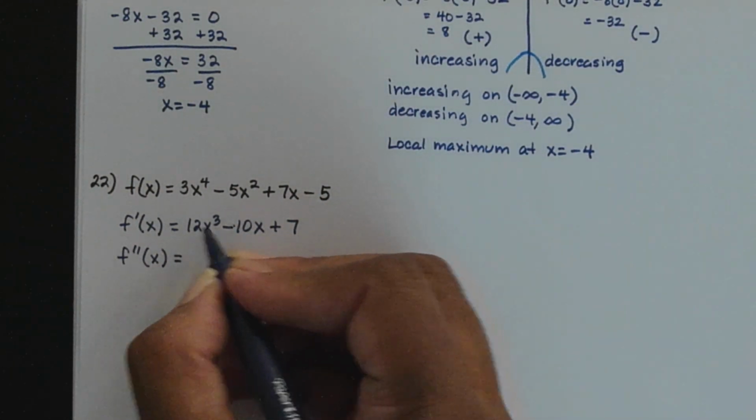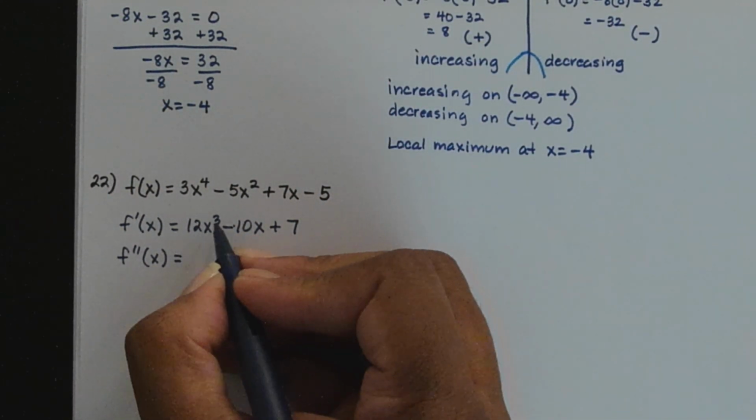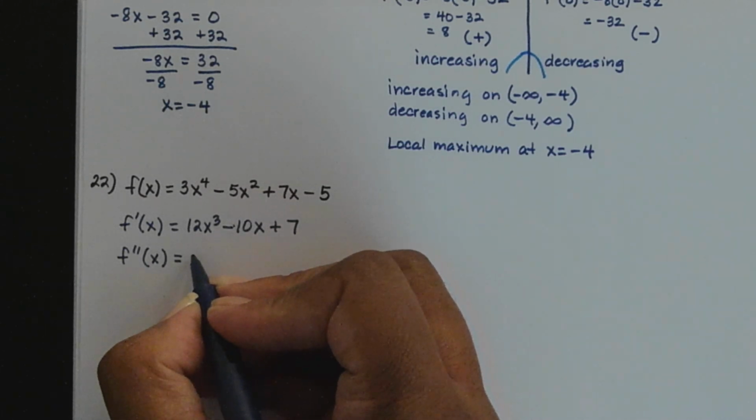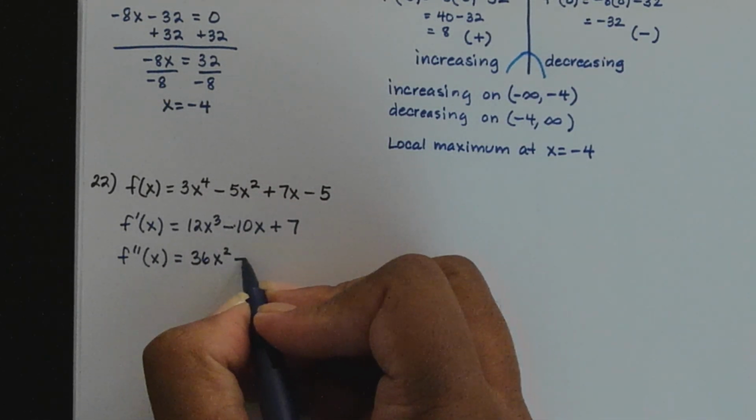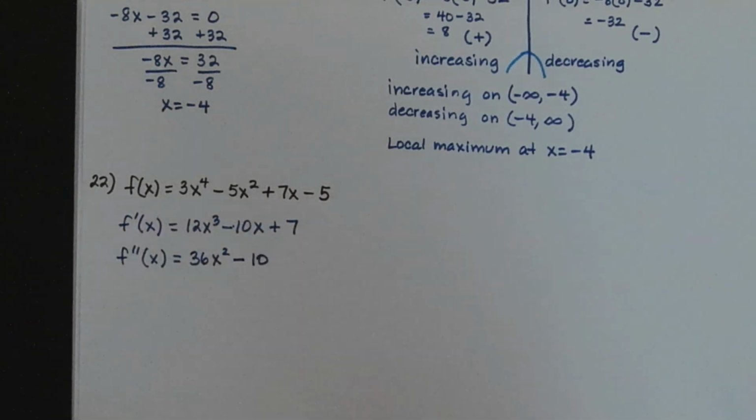All right, so the second derivative would be, well, bring down this 3, multiply by 12, you're going to get 36x squared. 36x squared minus 10. Okay. Any questions about finding the second derivative of a function? Okay. All right, now number 23.